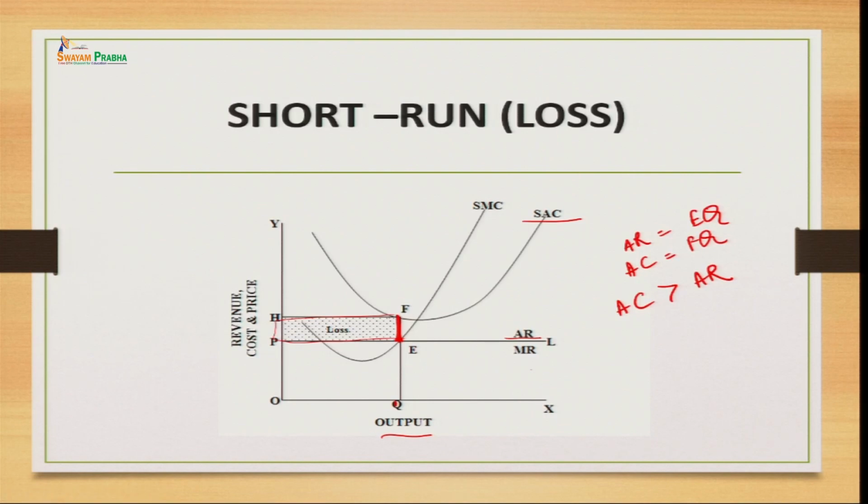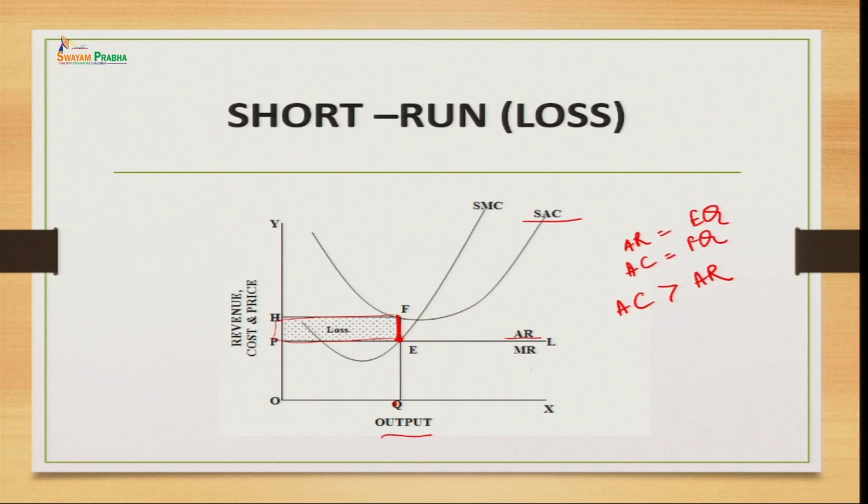So, these are the three conditions which we have to understand, and this happens because, as we know, for firms working under perfect competition in the short run, there are some fixed inputs and some variable inputs. Fixed inputs will remain fixed, we cannot make changes to these inputs.